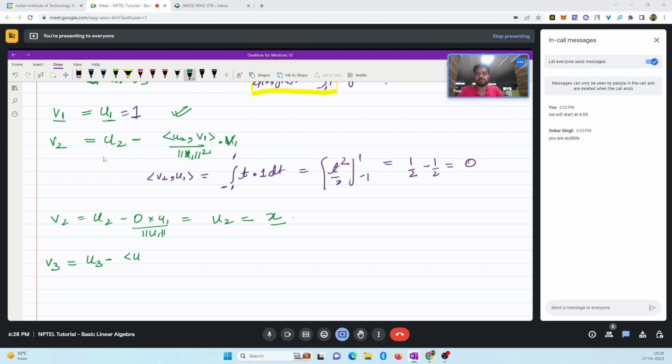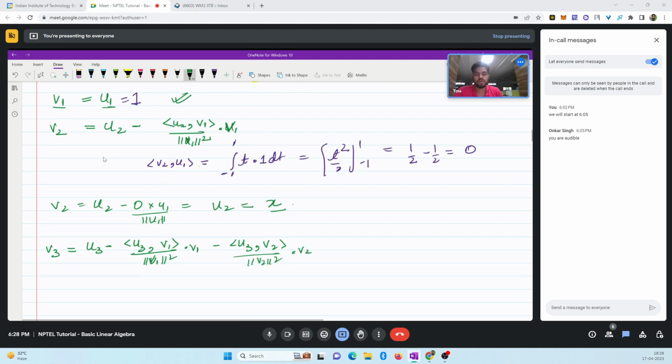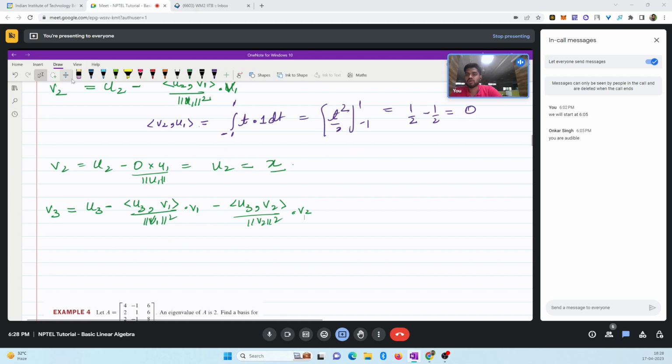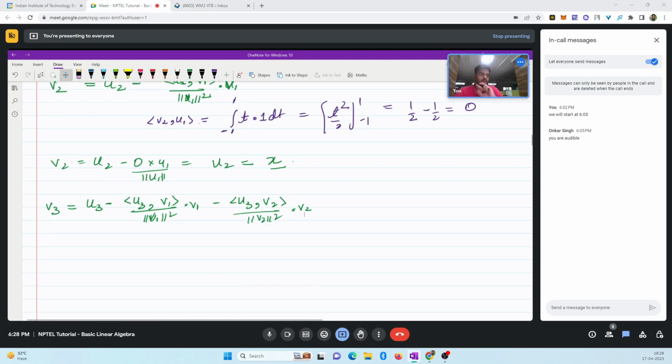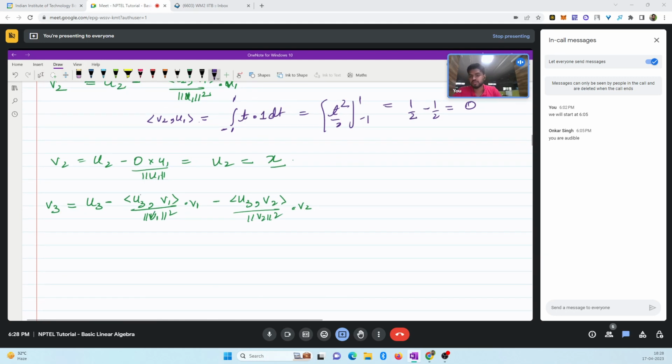So V3 is U3 minus the inner product of U3 and V1 divided by V1 norm squared into V1, minus the inner product of U3 and V2 divided by V2 norm squared into V2. We'll first find these dot products and then proceed.